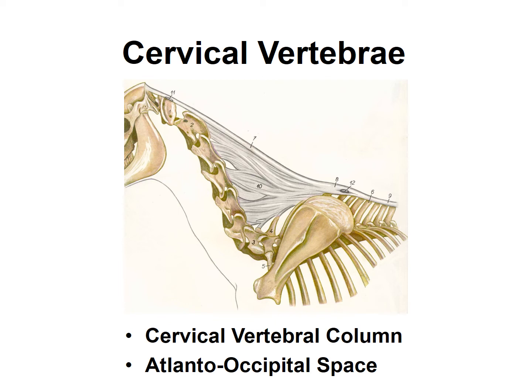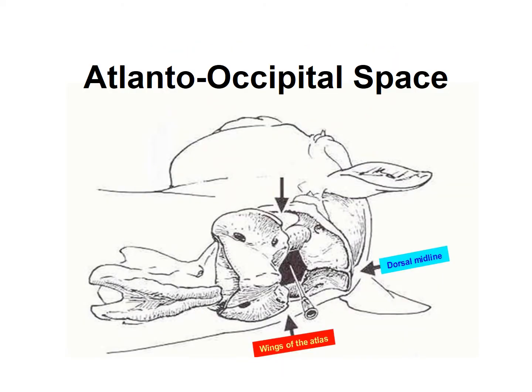The atlantooccipital space is very important because we will utilize this space to collect cerebrospinal fluid for neurological disease evaluations and other things that I will mention in a second. So this is a picture that shows the location of the atlanto-occipital space, and it's very important to remember the landmarks for this space.